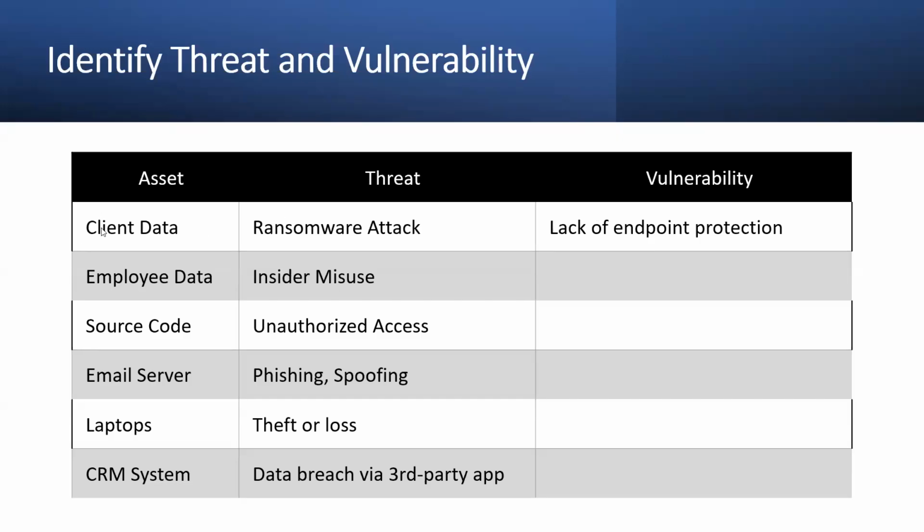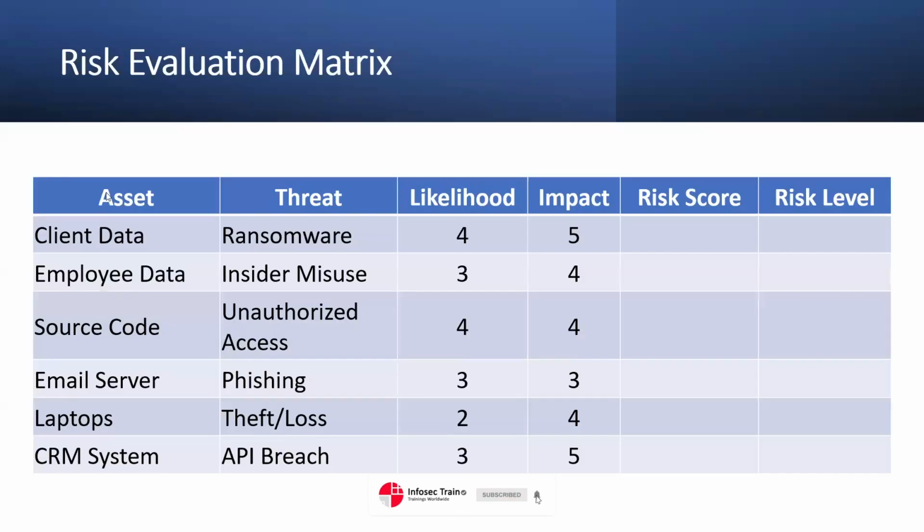Now, once that asset has been tested, the next thing I am going to do is make a matrix. We call it a risk evaluation matrix. Make a list of the assets, then likelihood and impact.